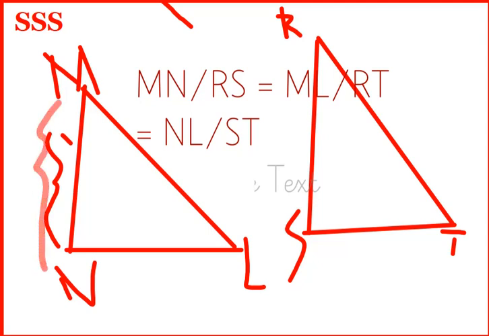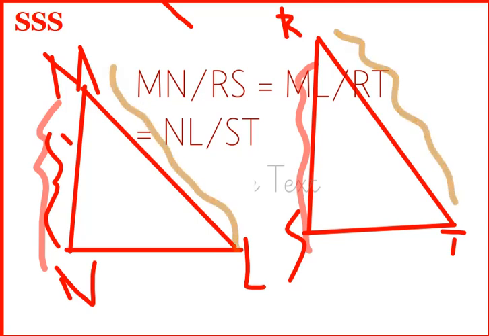So MN is corresponding to RS. And we can also see ML is corresponding to RT. We can also see that NL is corresponding to ST. And so that's what they mean by if all three pairs of corresponding sides of two triangles are in proportion, then the triangles are similar.